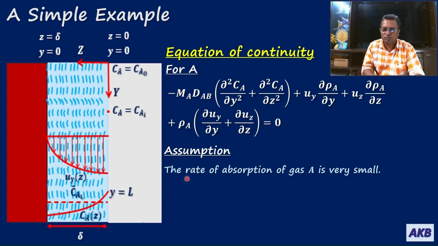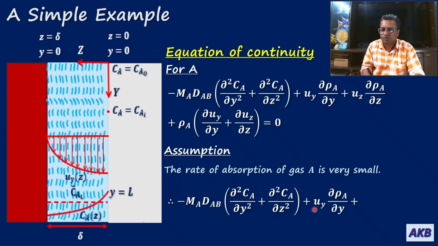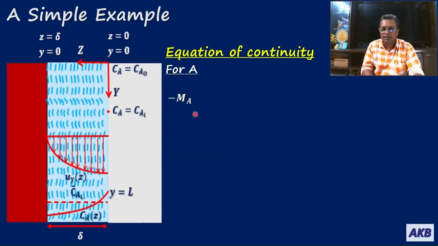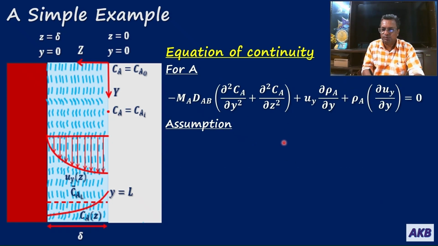So this equation modifies to this form: −MA·DAB·(∂²CA/∂y² + ∂²CA/∂z²) + Uy·∂ρA/∂y, and the other two terms have become 0, so you are left with + ρA·∂Uy/∂y = 0. Let us move ahead.